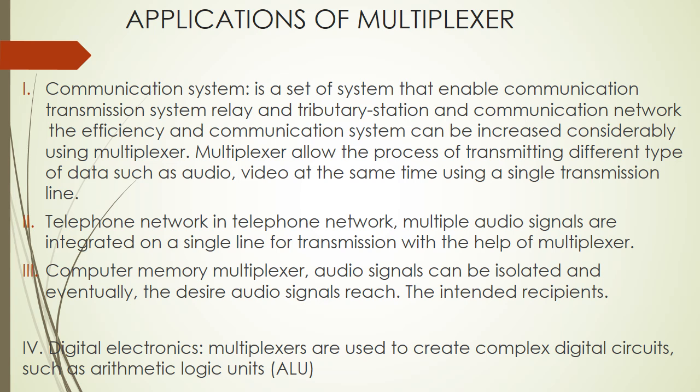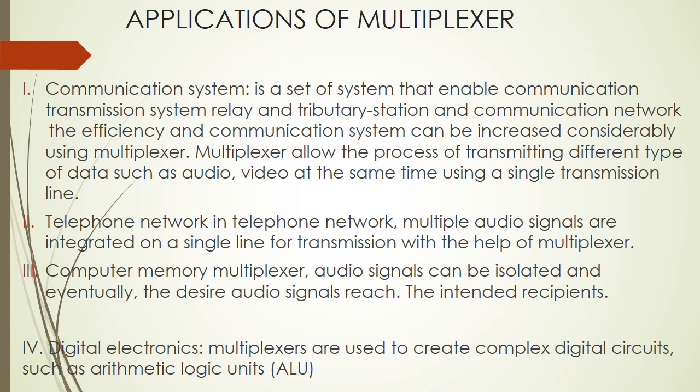It has the capacity to accumulate multiple data at once and provide them in serial form. So a multiplexer allows transmitting different types of data, such as audio and video, at the same time using a single transmission line.